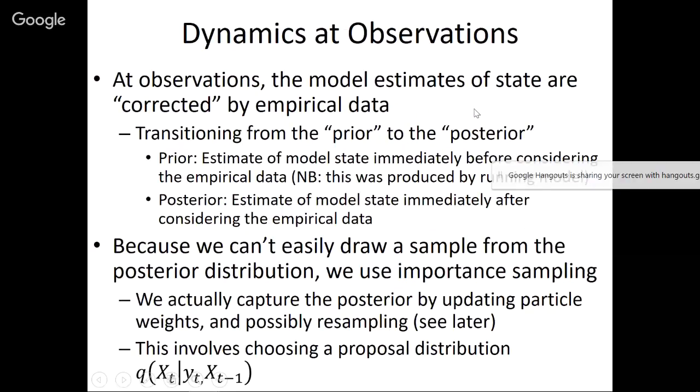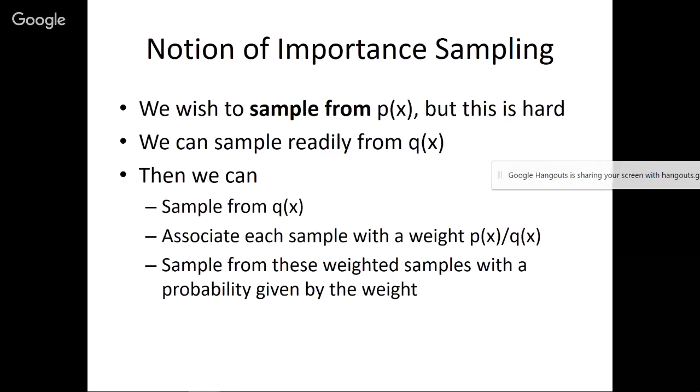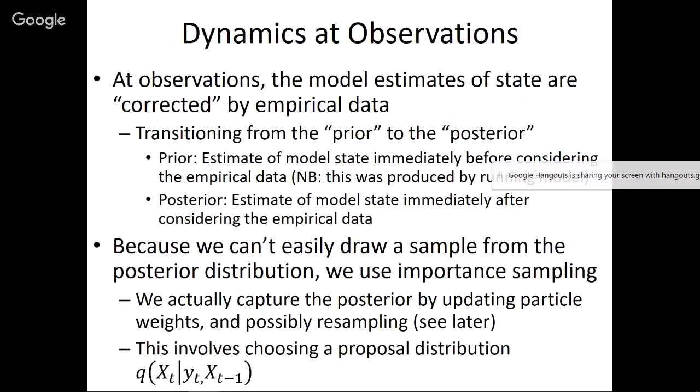But that's the basic idea of why we're carrying around weights. They are weighted samples because we're sampling from a Q of X, a proposal distribution that's different from the target distribution. And this will allow us to sample from that target distribution, which is the distribution of hypotheses involving the situation in the world.